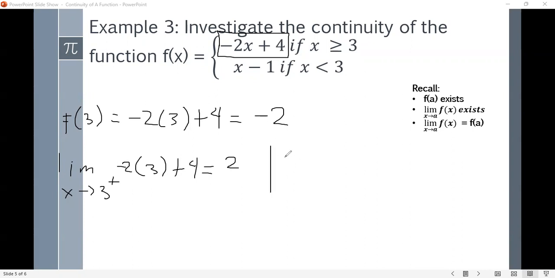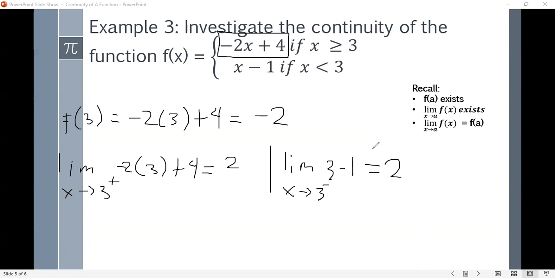Try ko naman po gamitin the limit of x minus 1 since from the left, galing kaliwa. Kapag galing kaliwa, less than 3 po siya. So, meron tayong 3 minus 1 as x approaches 3 from the left. So, meron tayong 2. Tama po?